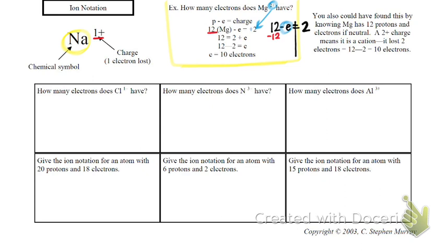Yep. Do the opposite and subtract it. So your electrons, what is 2 minus 12? That would get us a -10. And then if these are both negative, they'd cancel each other out. So our electrons equal 10 electrons.